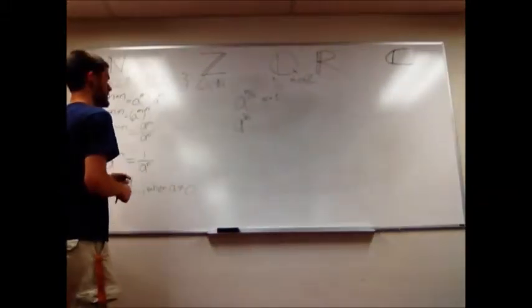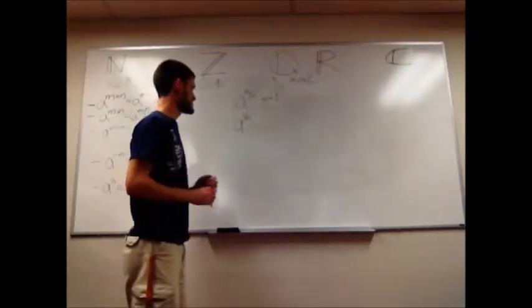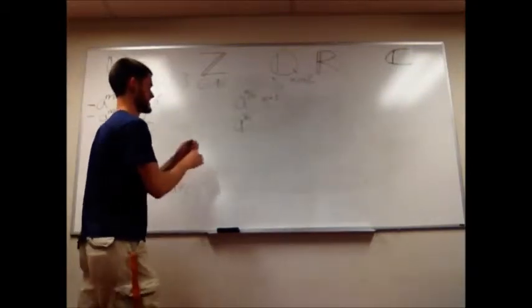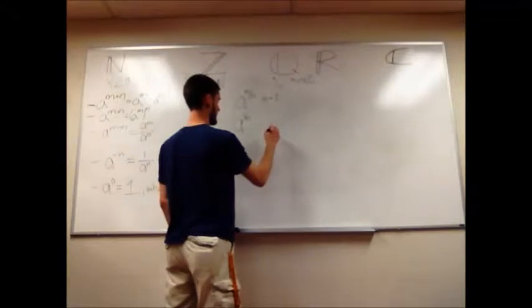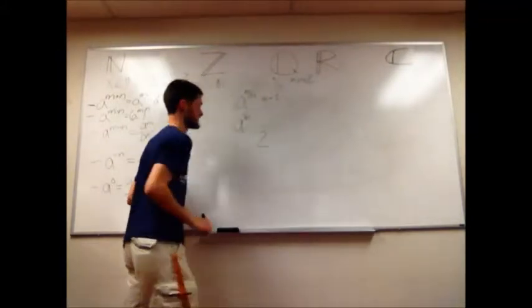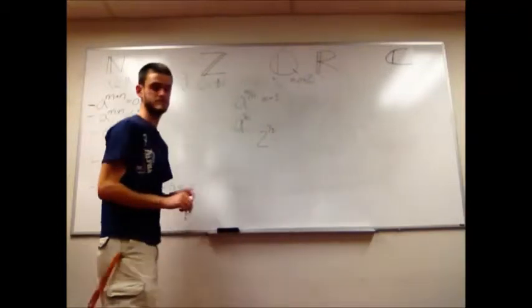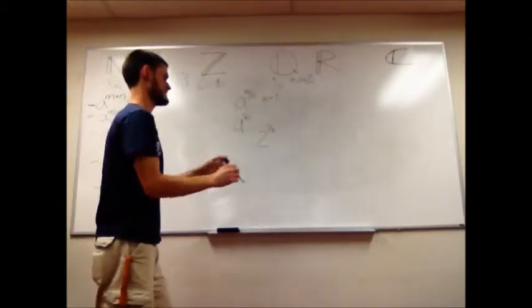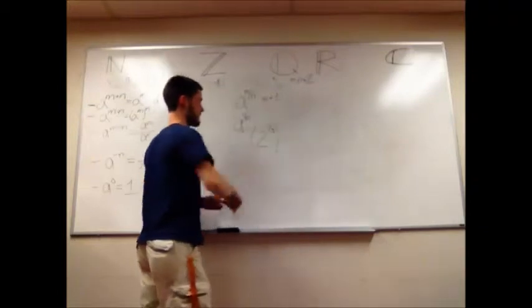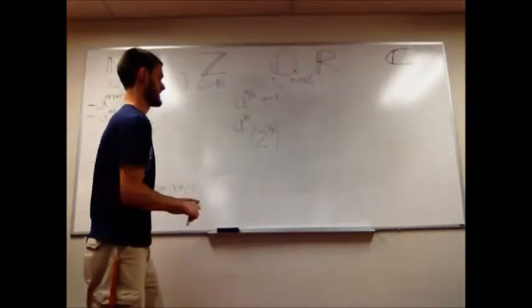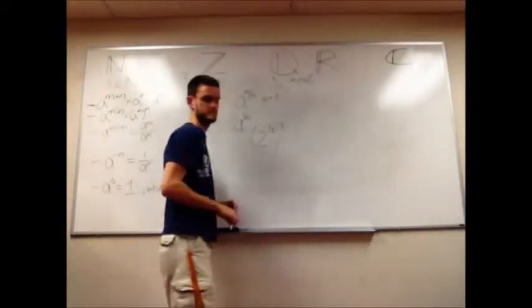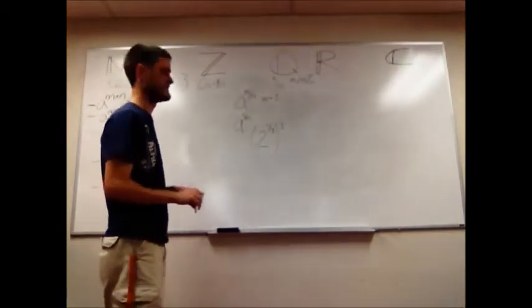To consider what this means, let's think of an example. So we'll say 2, and we'll go to the 1/3 power. What would happen if we multiply this by itself 3 times? That's what we defined it to mean, right?